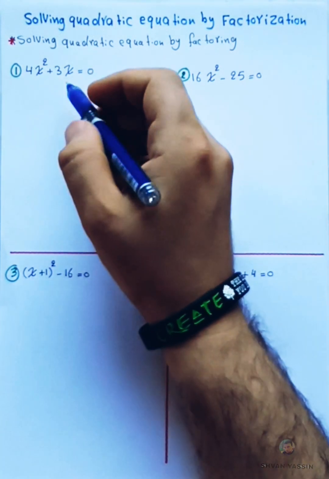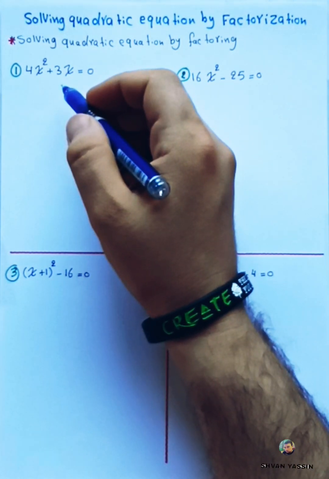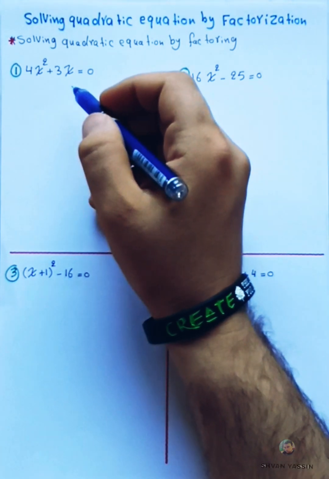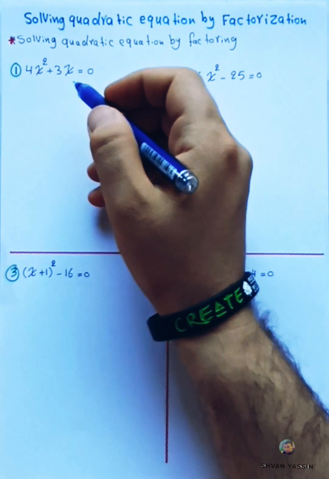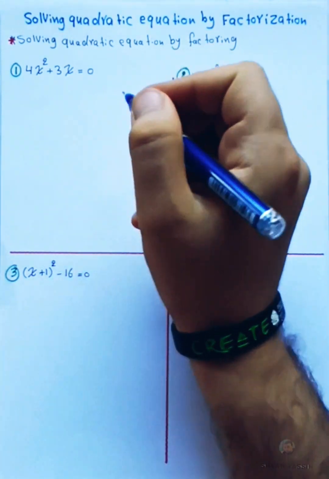So in this case, we have to take the greatest common factor before using the zero product property and finding the value of x.